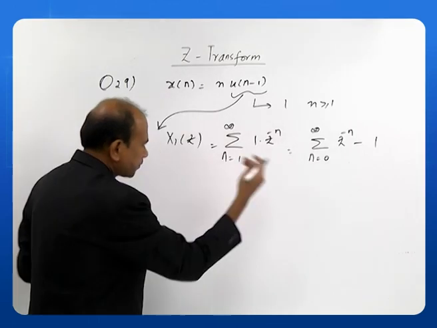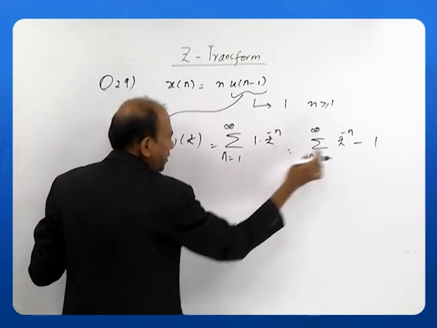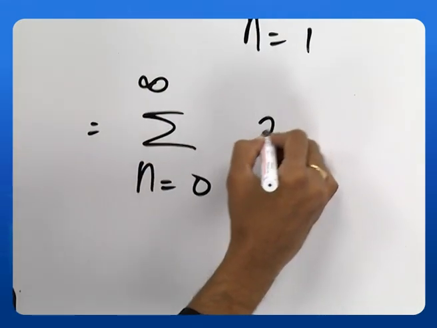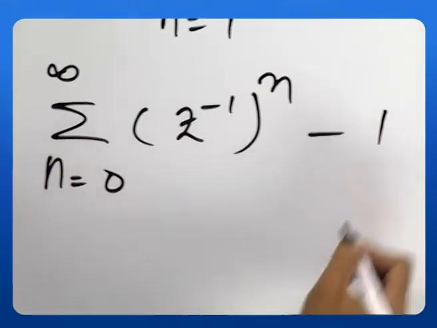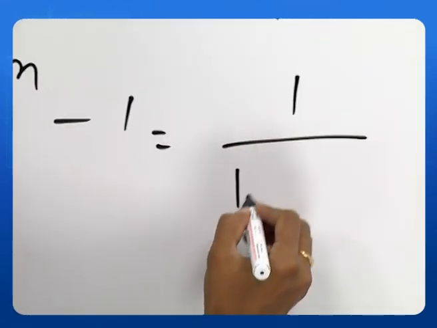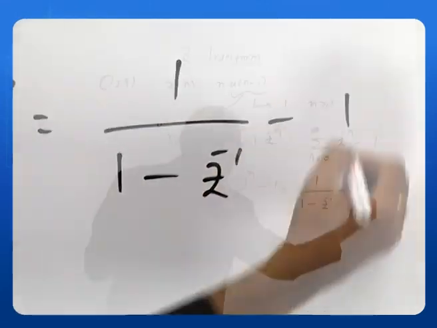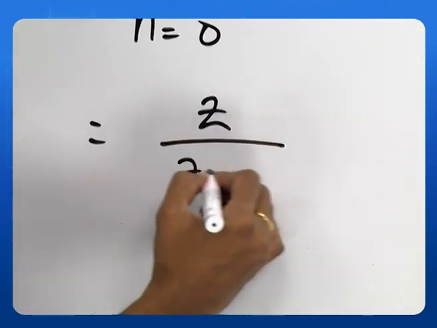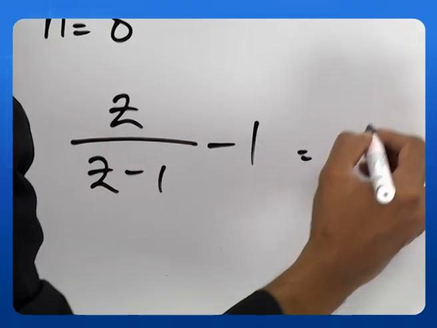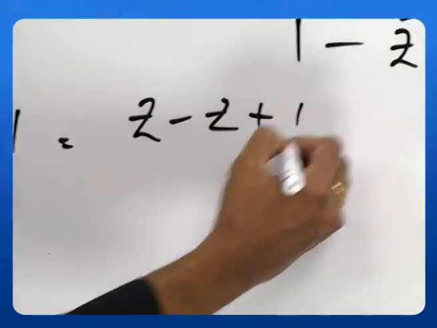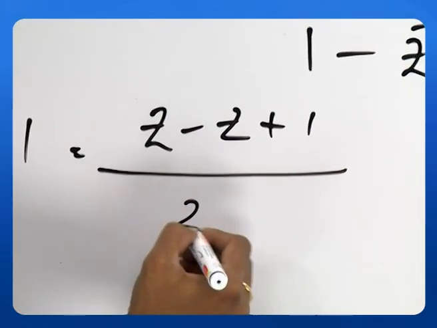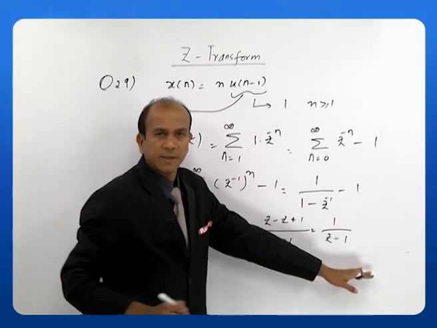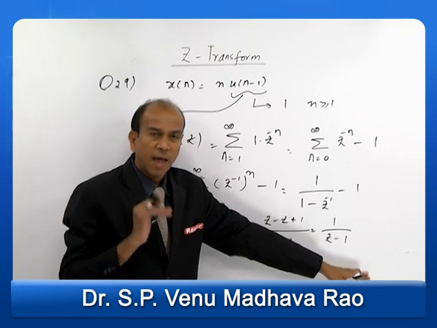So now what will that be equal to? I can write this as 1 by 1 minus z inverse minus 1. So that will be equal to z by z minus 1 minus 1, that is z minus z plus 1 by z minus 1. So this will be equal to 1 by z minus 1. So this is my x1 of z.